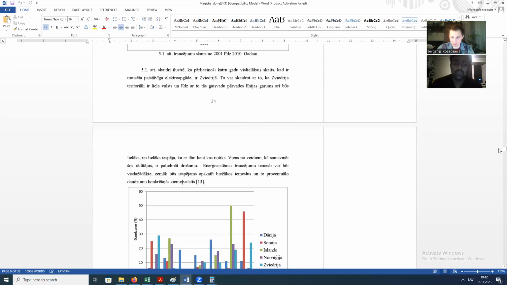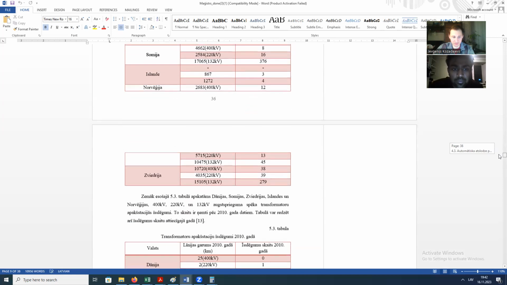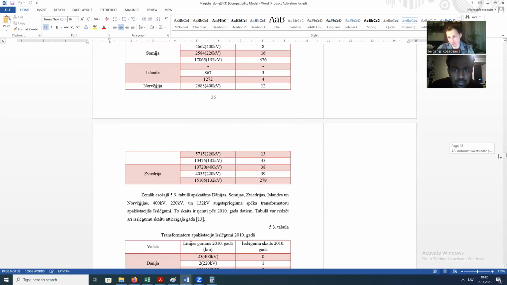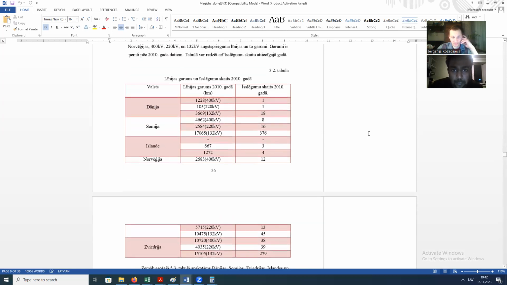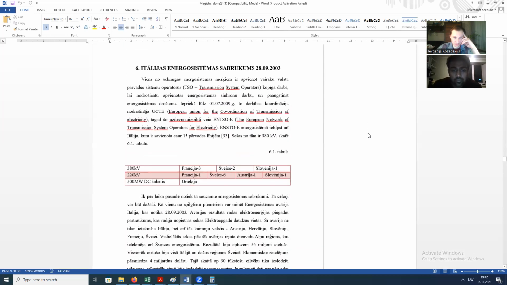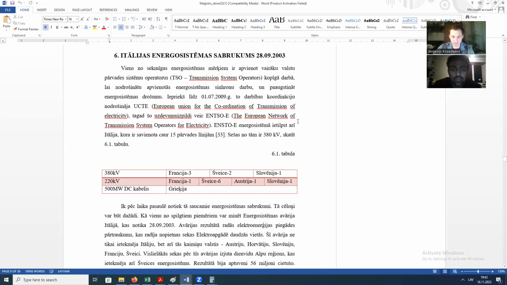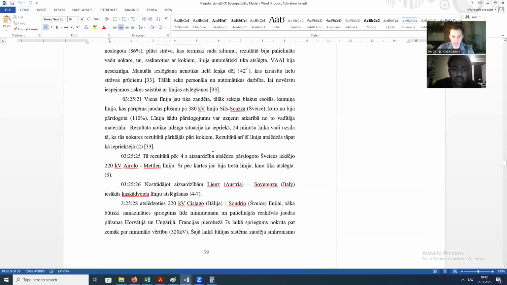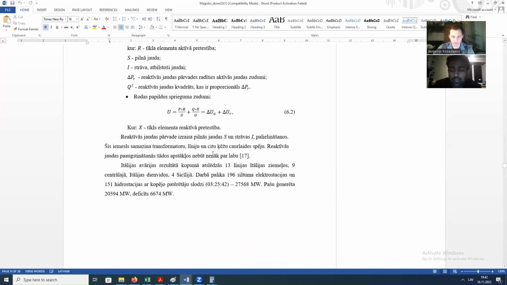Okay, so as I said, there are a lot of reports in English about the Italian blackout, because this blackout was very dangerous, and everyone tried to analyze it. So yes, I'm just going to use some small summaries. Okay, this is the map.